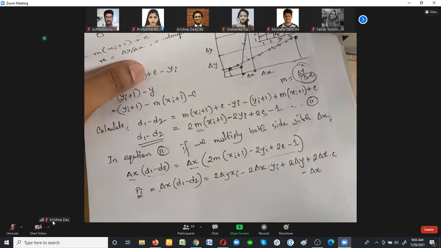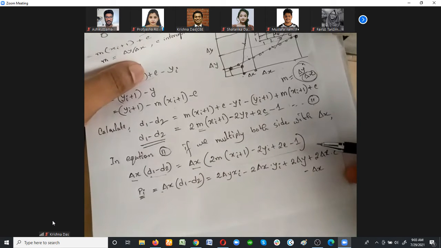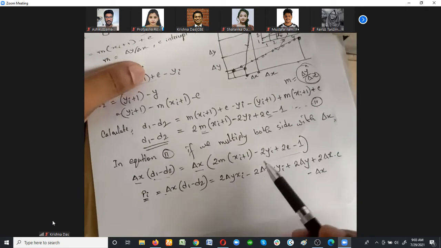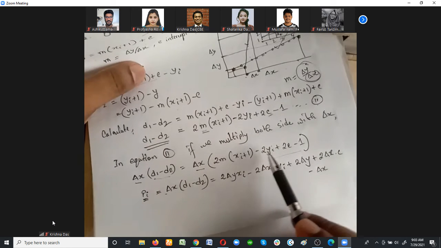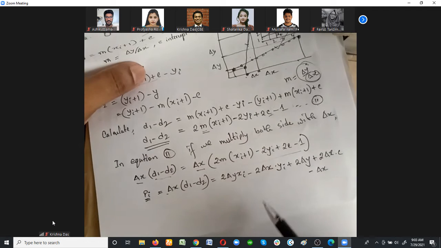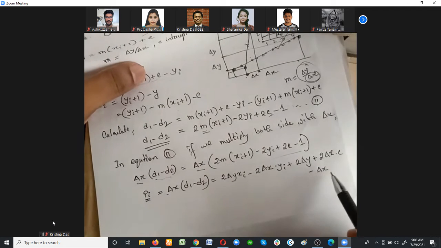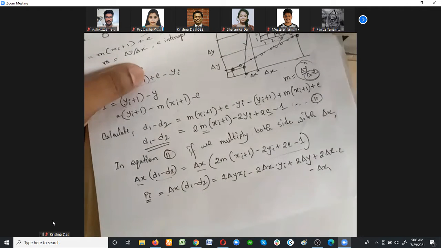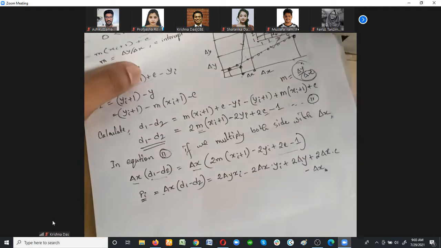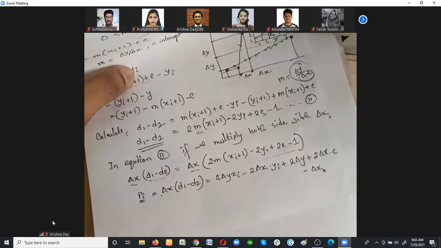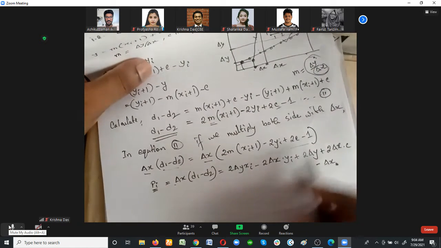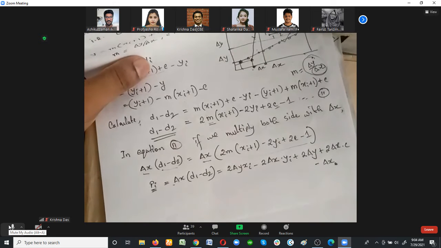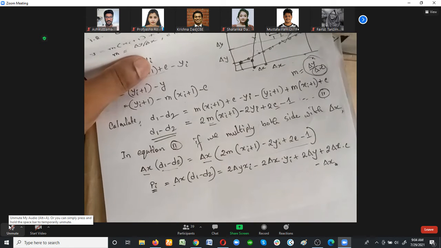I have skipped many lines in between because that is the general simplification of the equation. We consider m as del y minus del x, then we multiply with all these points and get this equation finally. You may have a confusion, but if you multiply with this and simplify, you will get the equation for my decision parameter.